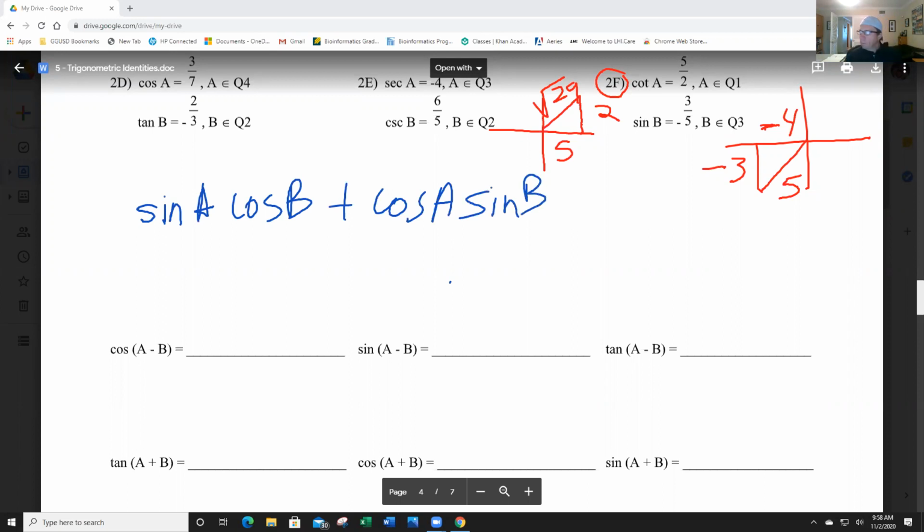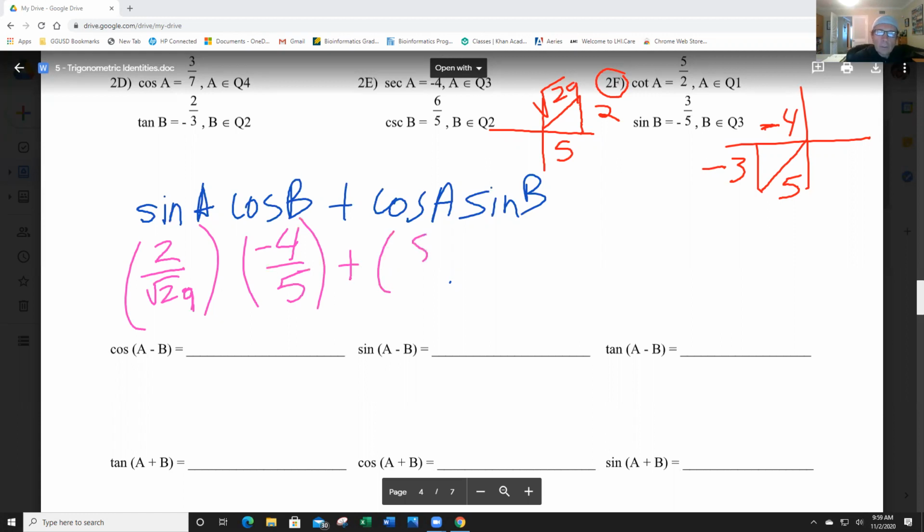So that ends up being, going to have some radicals involved here, 2 over radical 29, times -4 over 5, plus 5 over radical 29 times -3/5.